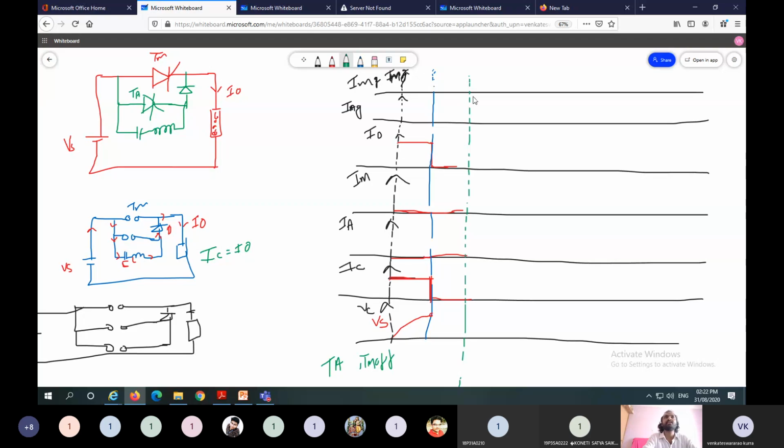At this condition, if we apply gate pulse to the main thyristor, this one is the gate pulse of main thyristor. The current in the main thyristor starts increasing like this.